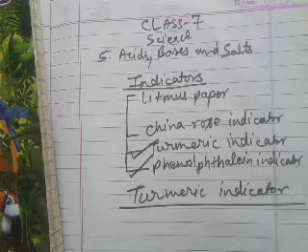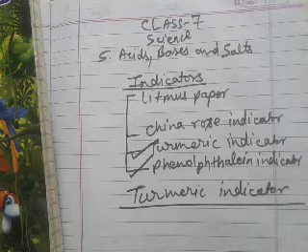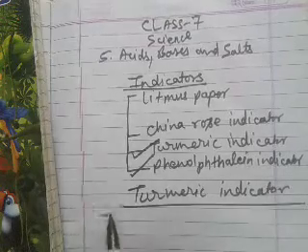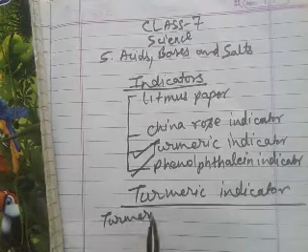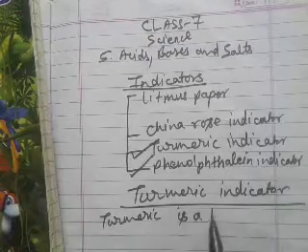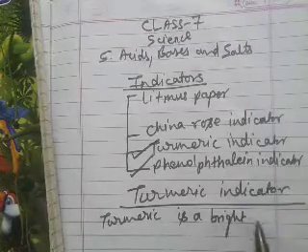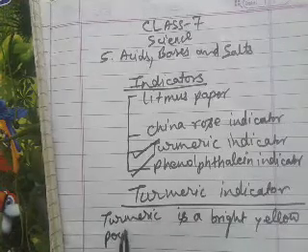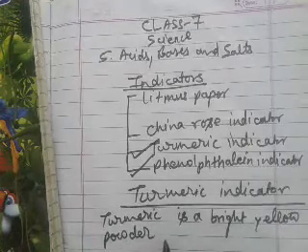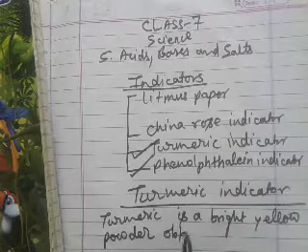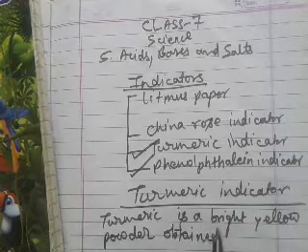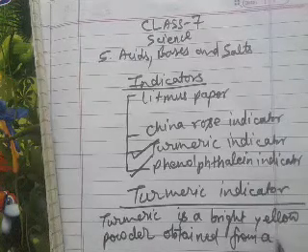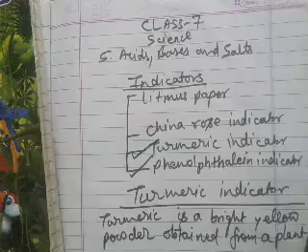We know that turmeric is a bright yellow powder obtained from a plant.